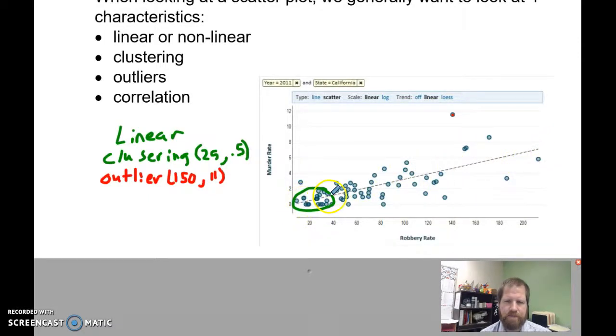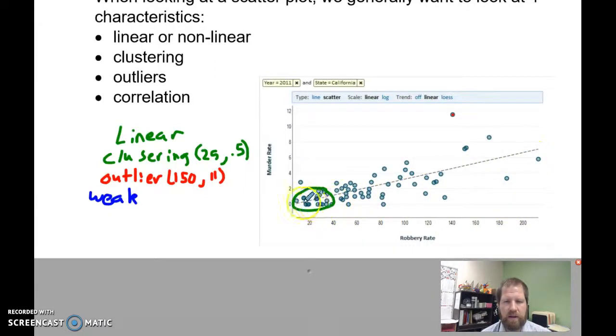Okay, you might be able to say it's moderate, but I would actually say this is kind of weak correlation. You know, our data points definitely aren't that close to this line, so I'd say we're looking at weak correlation. But I would say it's positive, okay? Because as the robbery rate goes up, the murder rate does go up, okay?